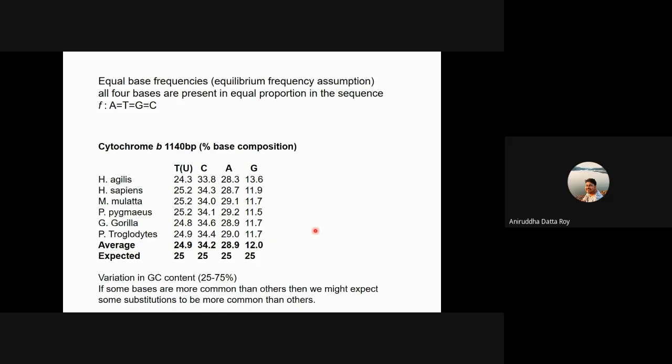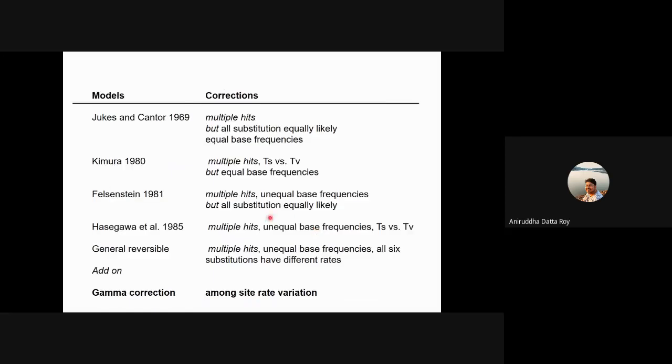So this is another parameter that one of the models can use, which is unequal base frequencies. For example, a model called Felsenstein 1981 assumes multiple hits and unequal base frequencies, but all substitutions are equally likely.